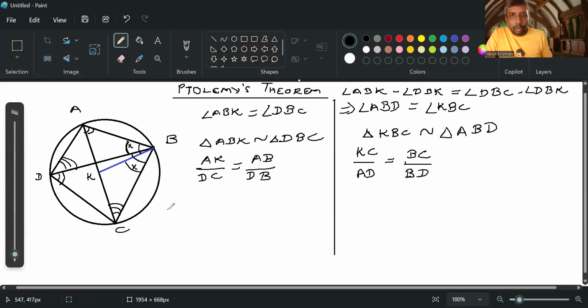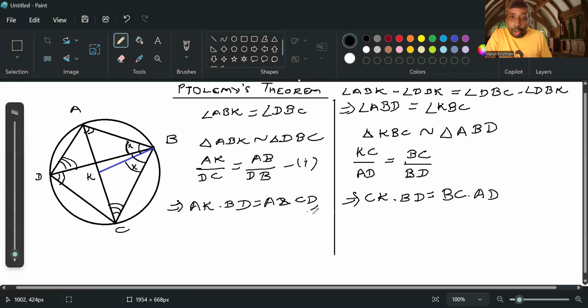Now I'm going to do a very simple thing. In the first equation, I cross multiply BD to the other side, so I get AK into BD, and cross multiplying CD, I get AB into CD. Similarly, here, cross multiplying, I get CK into BD is equal to BC into AD.